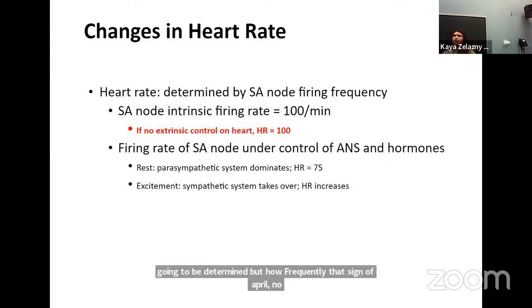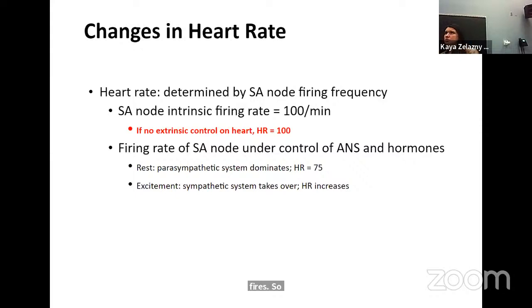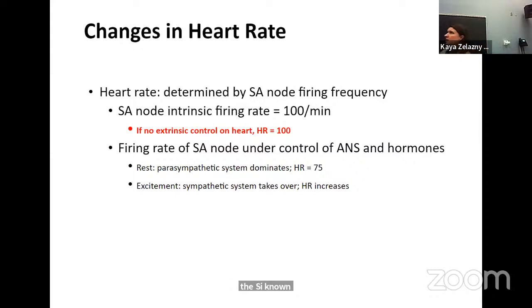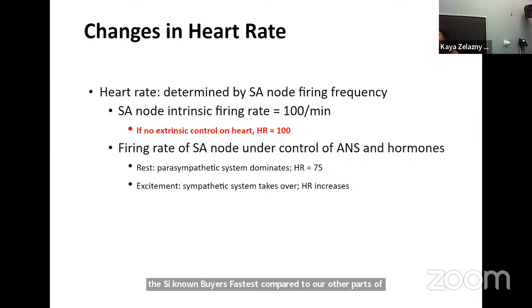So if an action potential happens in the sinoatrial node, it sends that impulse out to our AV node, out to the bundle of His, branching out into our right and left bundle branches, and then coming up and around from the bottom for our Purkinje fibers. The SA node fires fastest compared to our other parts of the conduction system, which is why it's the one controlling the heart rate.